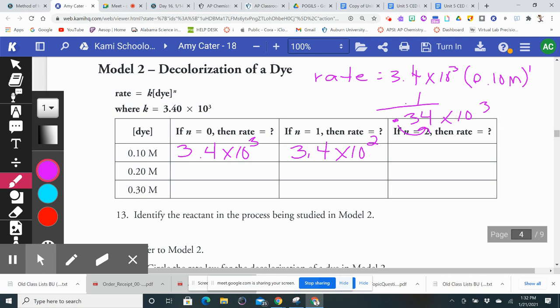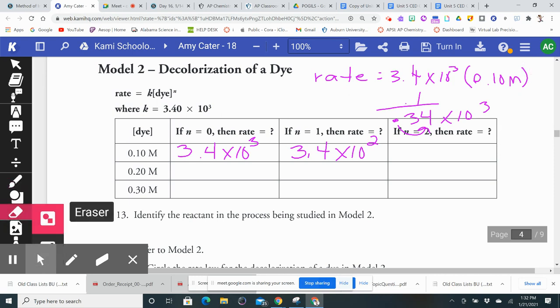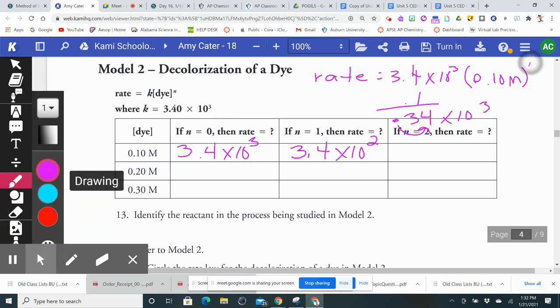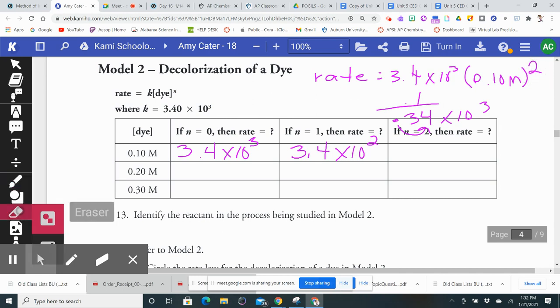All right, so now this one I'm going to need my calculator for. No lie. What about if n equals 2?